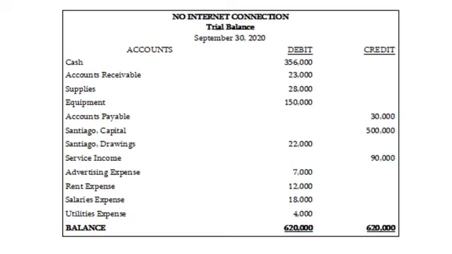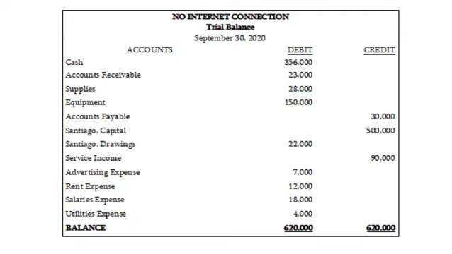Ibig sabihin dapat balanse yung ating debit at saka yung ating credit. And also magagamit din natin itong ating trial balance kapag nag-prepare na tayo ng ating mga financial statements. So, let's proceed with our trial balance.